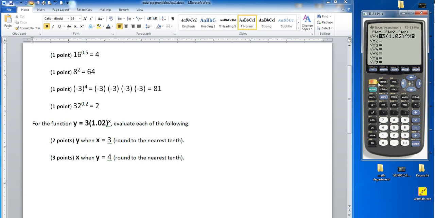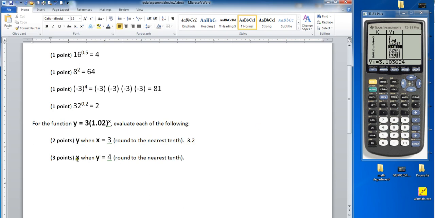And then as far as solving y when x equals 3, this is the perfect time to use your table. So when x equals 3, y is 3.1836. I called that 3.2, I guess, to the nearest 10th.